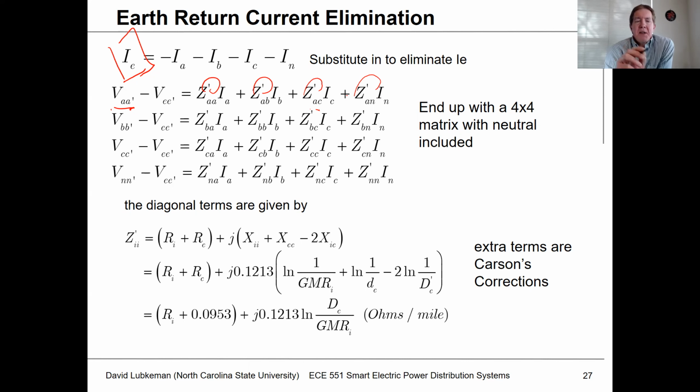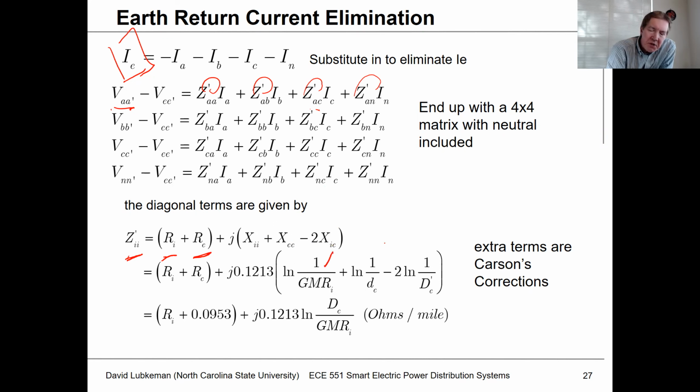It turns out when you make this substitution, and this is covered in the notes I'm going to post, that the self-diagonal term, the ZII prime term, is going to be the actual resistance of the I conductor plus the earth effect plus JXII plus J times XEE minus XIE.